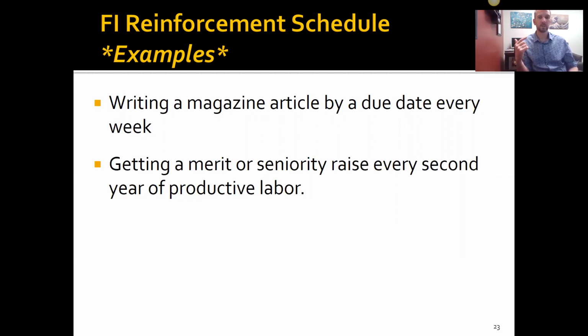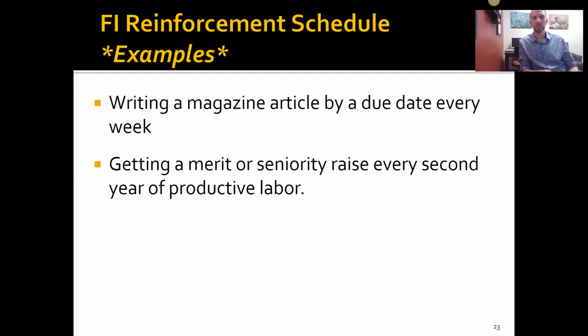And if you meet your due date, you're going to get a reward. If you write 2 articles in a week, you're not going to get any reinforcement. It's just going to be like, oh, why'd you write an extra article? And it's going to be worthless to the magazine, assuming that they can only fit 1 in.